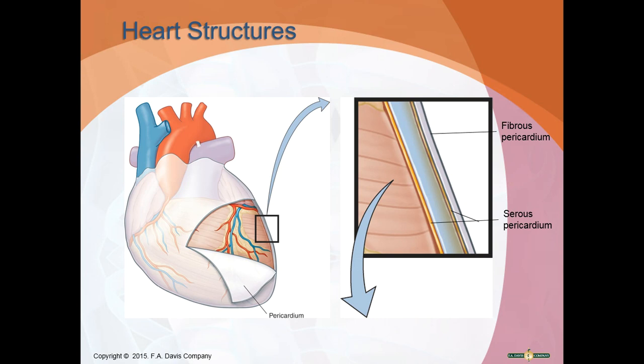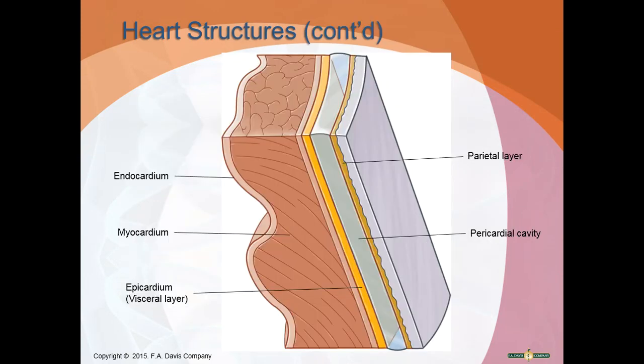So let's look on page 274 where it really blows this up, and it shows some characteristics of these structures. And then on the next slide, you'll see this taken out and really magnified. You can see the endocardium, the myocardium, and the epicardium, the visceral layer. So you've got the parietal layer and the pericardial cavity here.